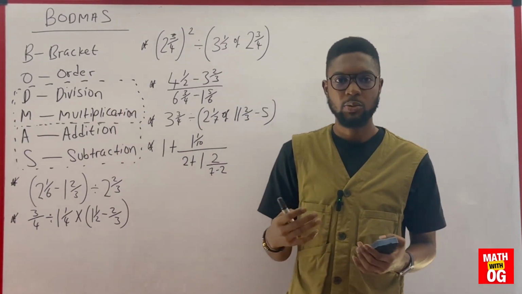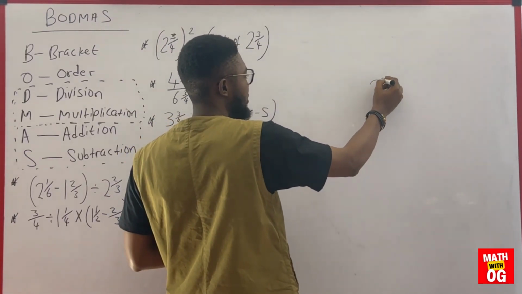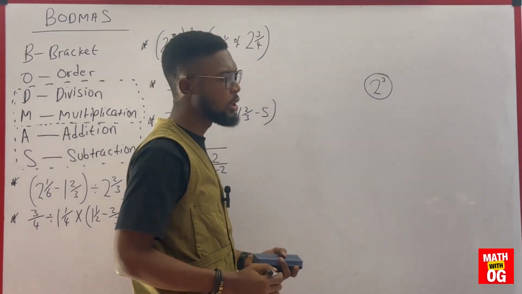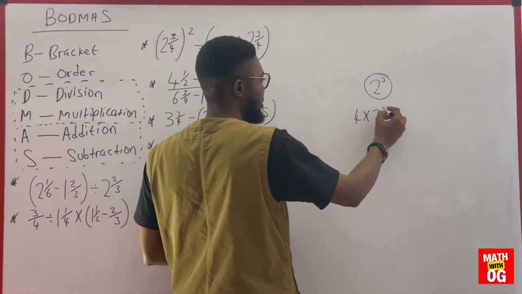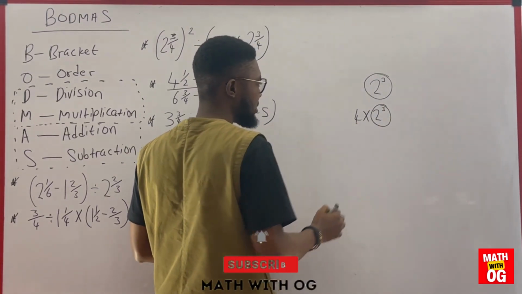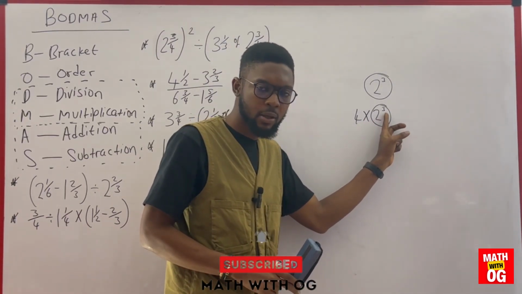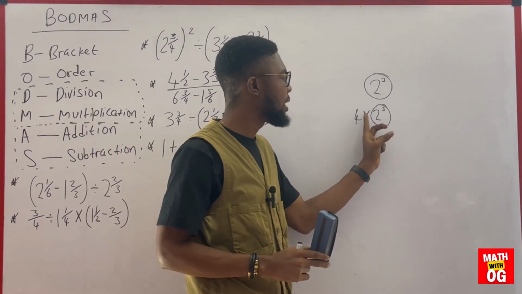So order is exponent. For example, you have something like this, 2 raised to the power of 3. This is what we call order, because this 3 is an exponent. So if you see a question like 4 multiplying 2 raised to the power of 3, since order is coming first, the rule is that you solve 2 raised to the power of 3 first, which is 8, before multiplying 8 by 4.